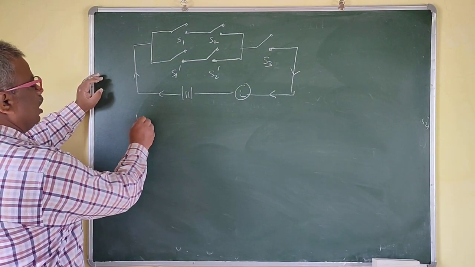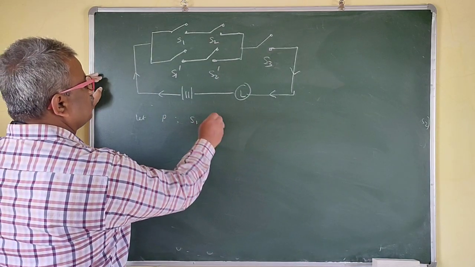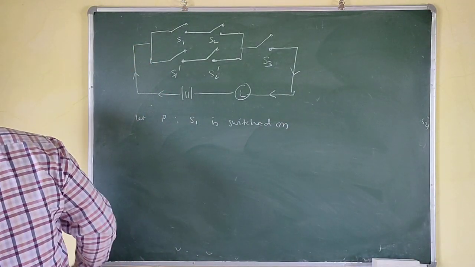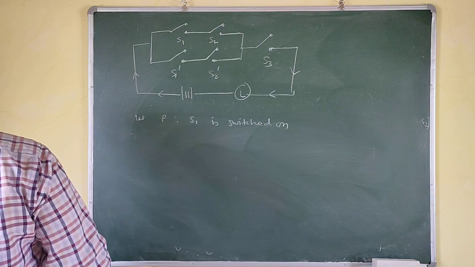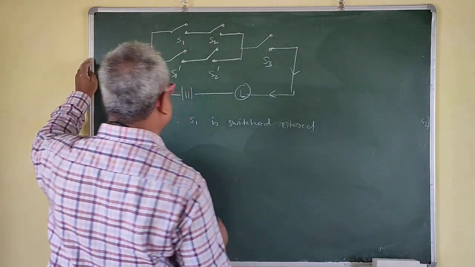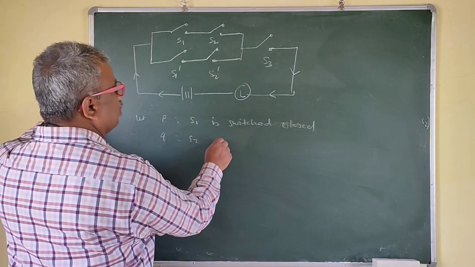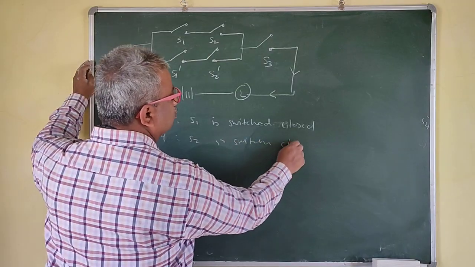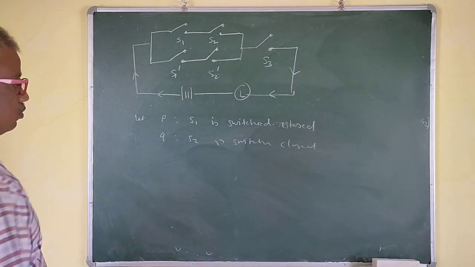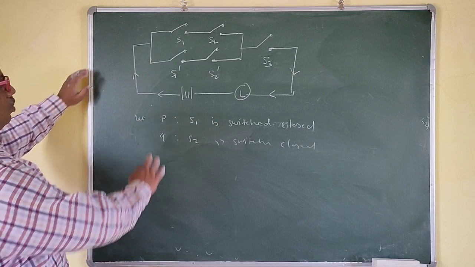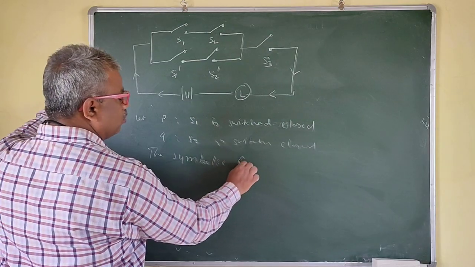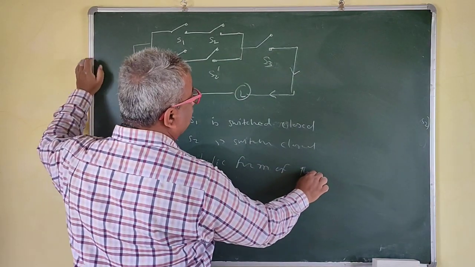Okay, so here let P be S1 is switch on, that means close, and Q be S2 is switch close. So what is the symbolic form of the given circuit?